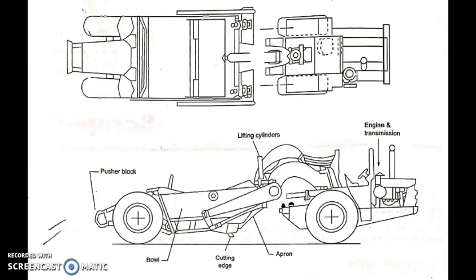The scrapers are rated according to capacity, struck and or heaped, preferably both. The struck capacity is the maximum volume of liquid the bowl can hold. Heaped capacity is according to the Society of Automotive Engineers rated formula.